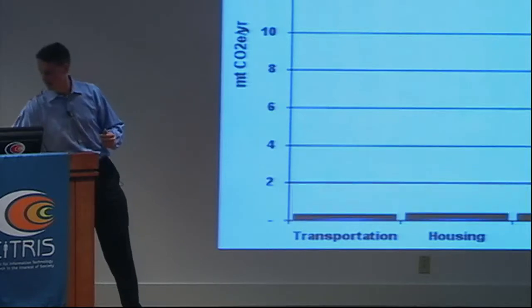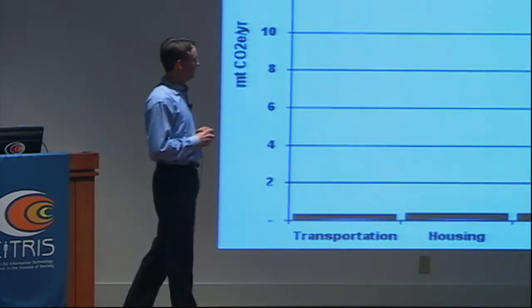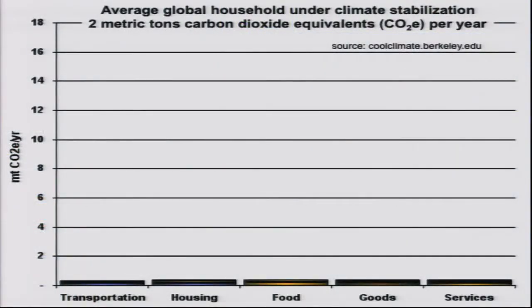We need to get 80% below that in order to stabilize the climate. And I would argue the United States needs to get even below that, or even get to net negative emissions by investing in other countries, because we've already done more than our fair share of emissions. Perhaps you could take that argument. So we have a long way to go.